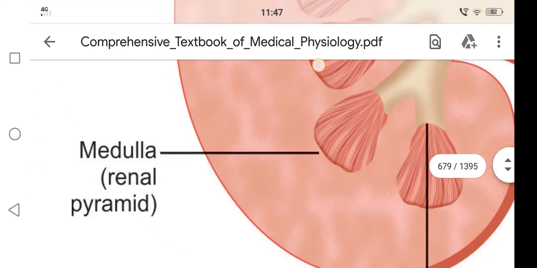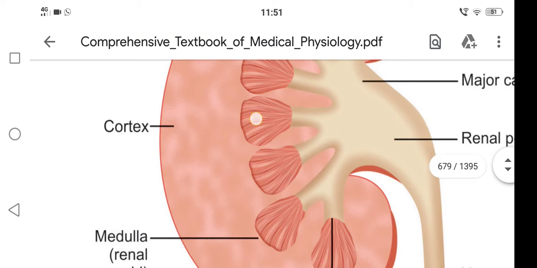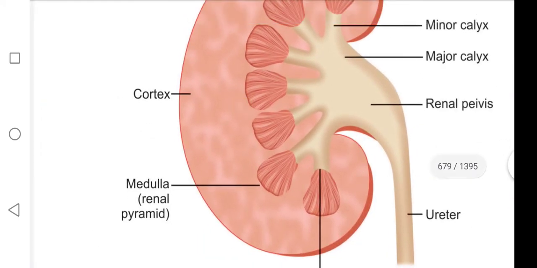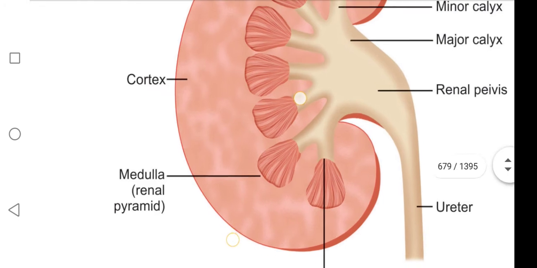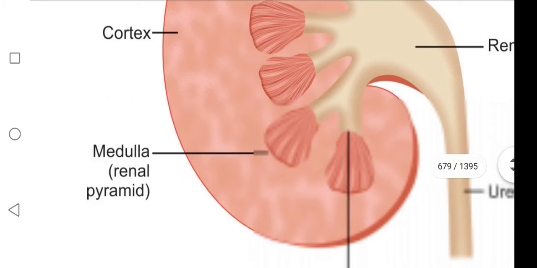These are the medulla. Okay, guys. If you see here, these are the renal pyramids.